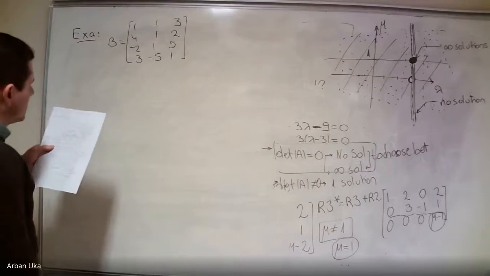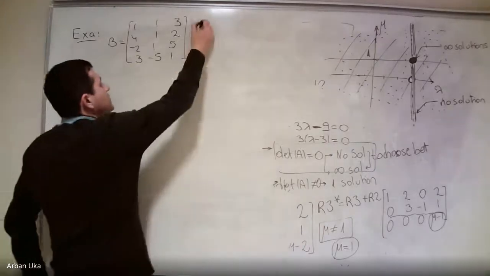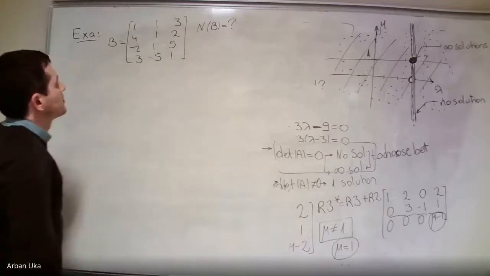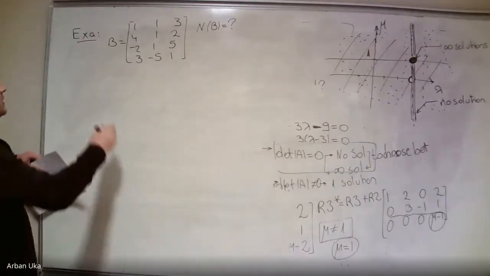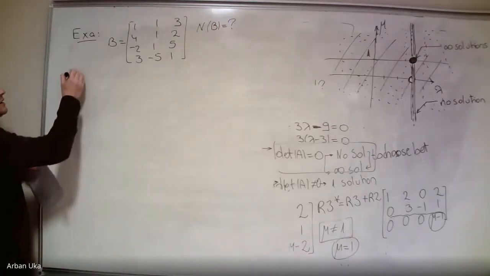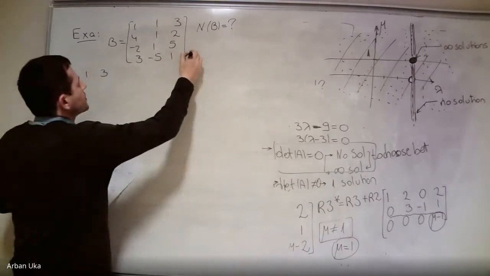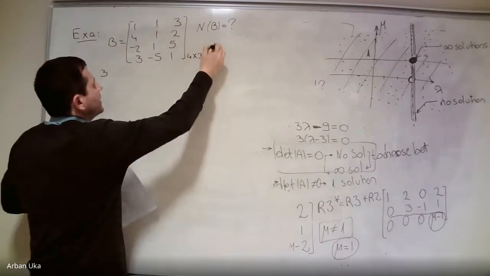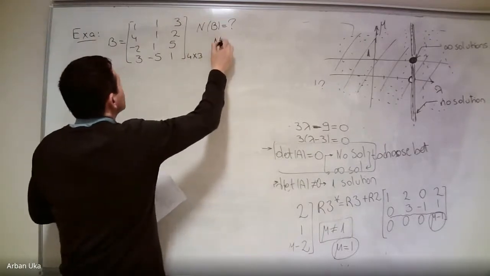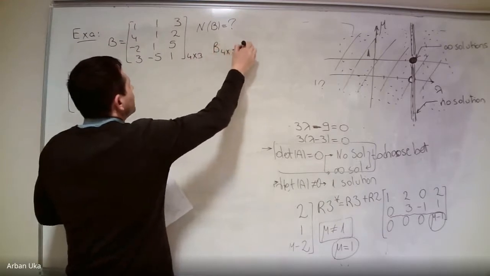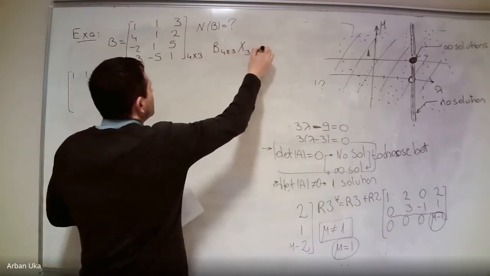So let's try to identify the null space of B. What is the null space of B? How can we find it? So this is B, which is 4 by 3, times x, which would be 3 by 1.